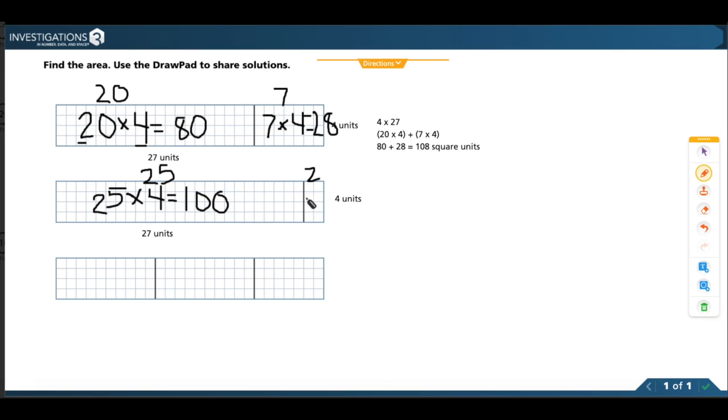And then my equation over here would be 2 times 4, and I know 2 times 4 is equal to 8. So now I need to add up my two arrays, and I get 25 times 4 plus 2 times 4, which is equal to 100 plus 8, or 108 square units.